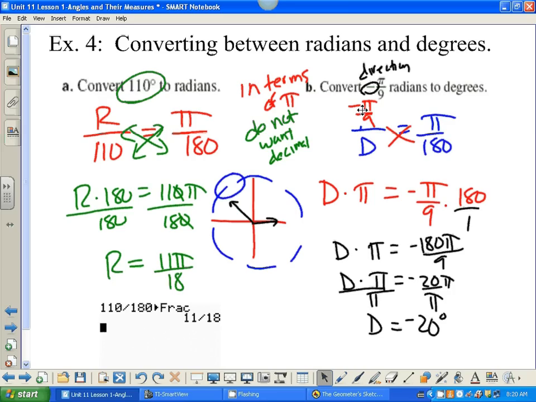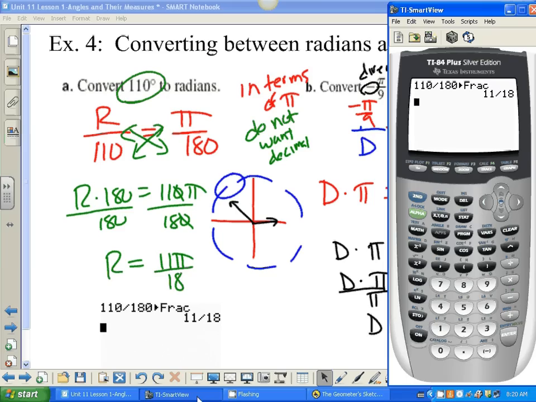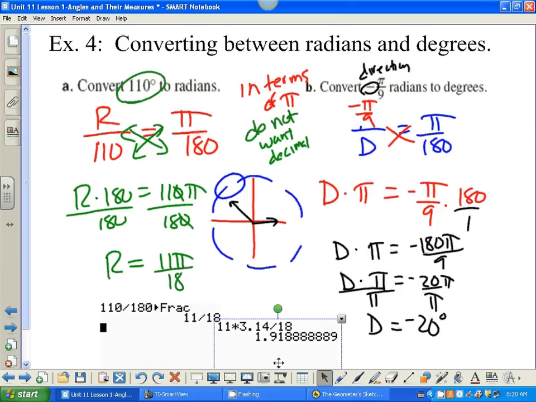And if on my calculator I evaluate using pi, if I take 11 times 3.14 and then divide that by 18, do you notice how I get 1.9 as a decimal? This is a radian measure. So if I go 1 radian and then 0.9 of a radian, that is where 110 degrees fell.